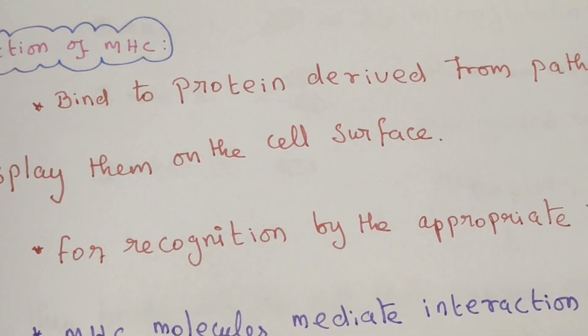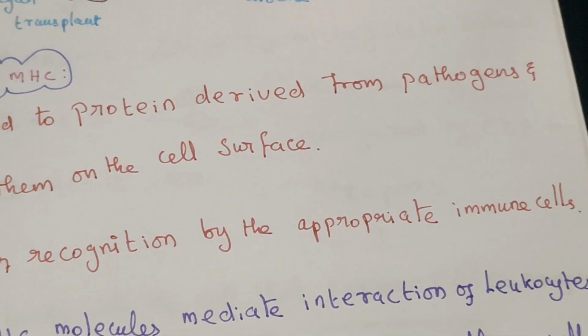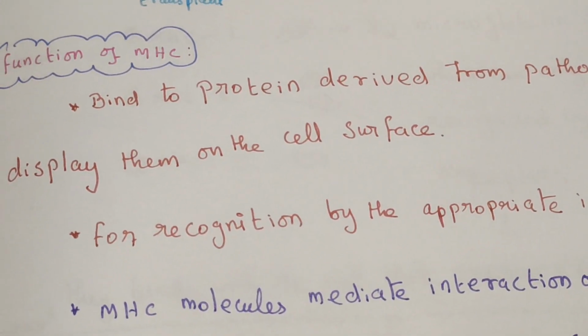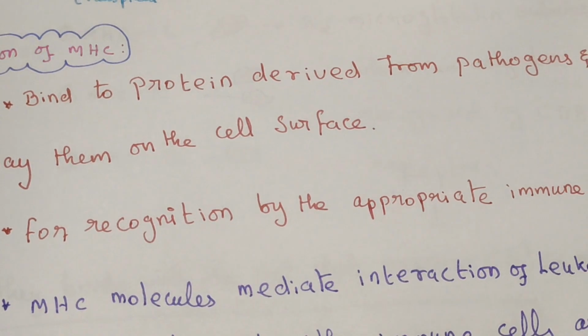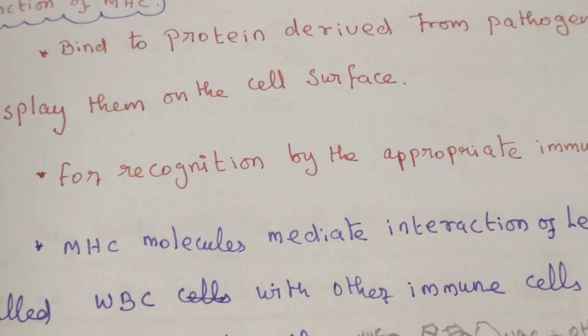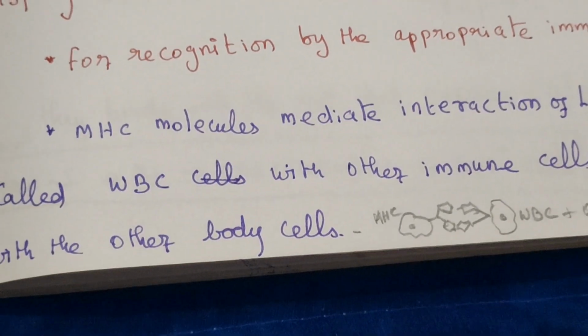What are the functions of MHC? MHC binds to proteins derived from pathogens and displays them on the cell surface for recognition by appropriate immune cells.